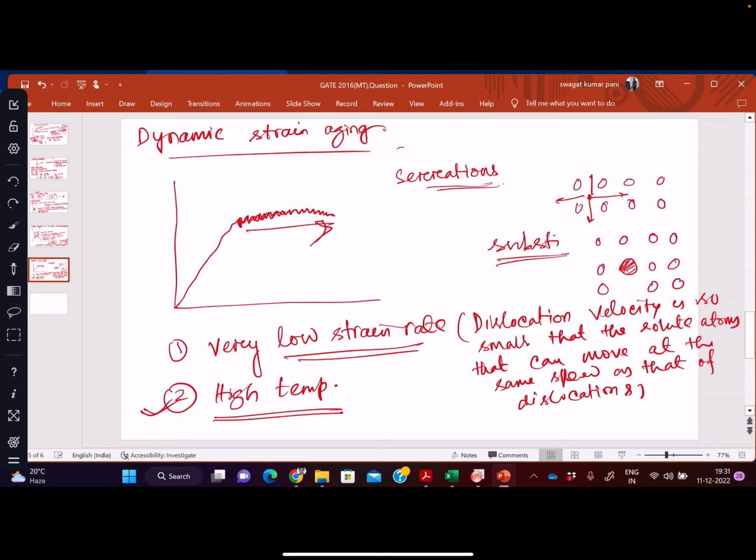Here I have given this vacancy. At least one vacancy is needed to move. Suppose it has to move in this direction, this position must be vacant beforehand. That's why the activation energy for substitutional diffusion is higher. For interstitial, all places are vacant, so it can move anywhere. It can diffuse much faster. C, N, H, these atoms.